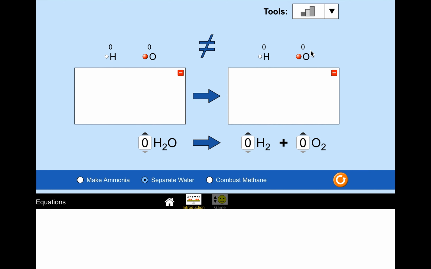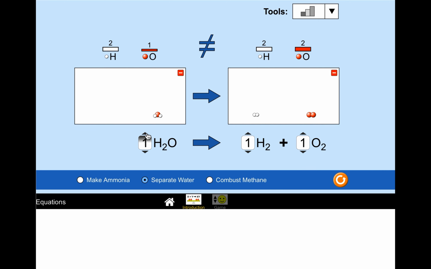At the top, I'm going to have it designate how many of each atom are present. 1 water molecule, 2 water molecules. At the top, it's changing the relative number of atoms that are in the container. To balance it, we need to make the total number before and after be the same.